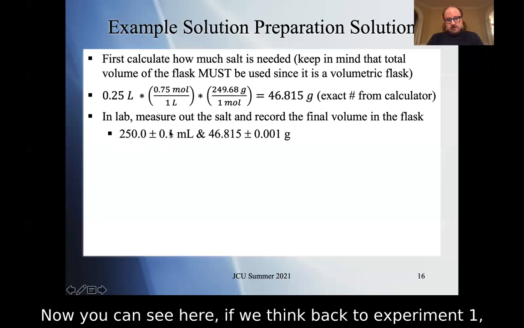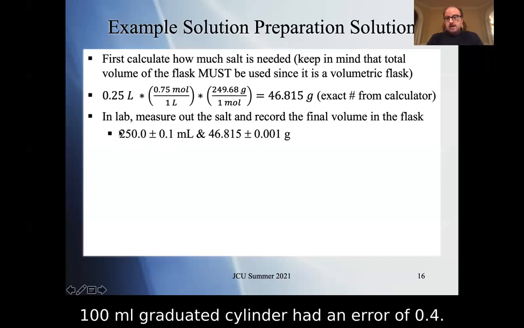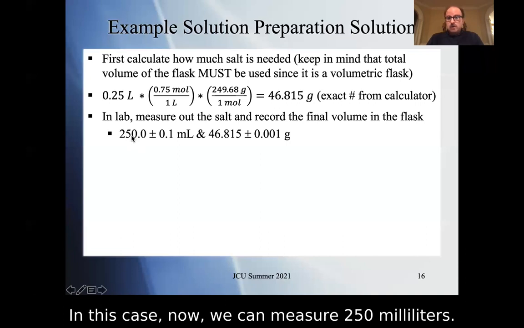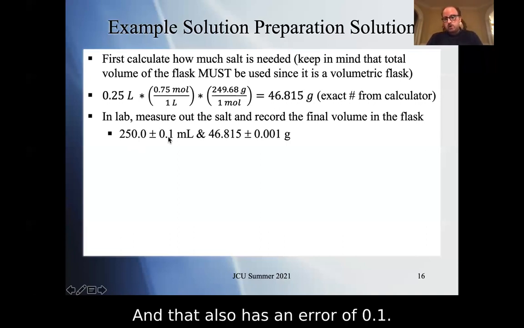Now you can see here, if we think back to experiment 1, a 100 mil graduated cylinder had an error of 0.4, and a 10 mil graduated cylinder has an error of 0.1. In this case, we can measure 250 milliliters, and that also has an error of 0.1.